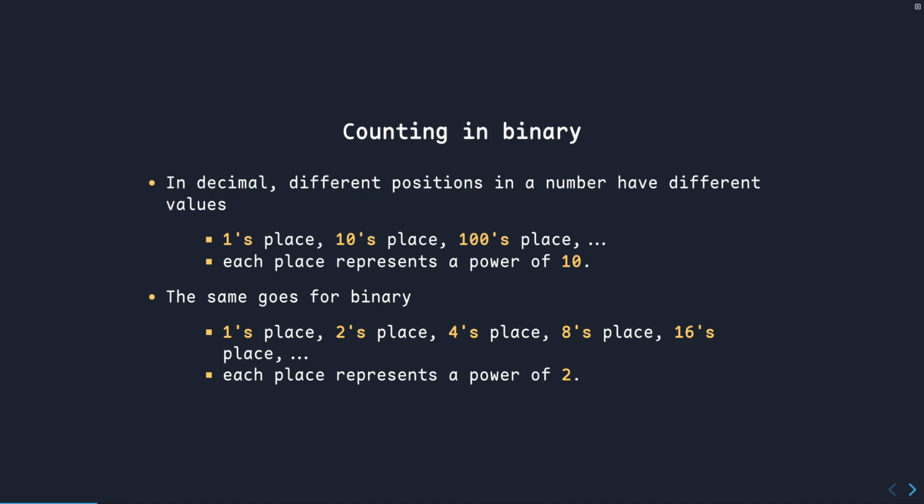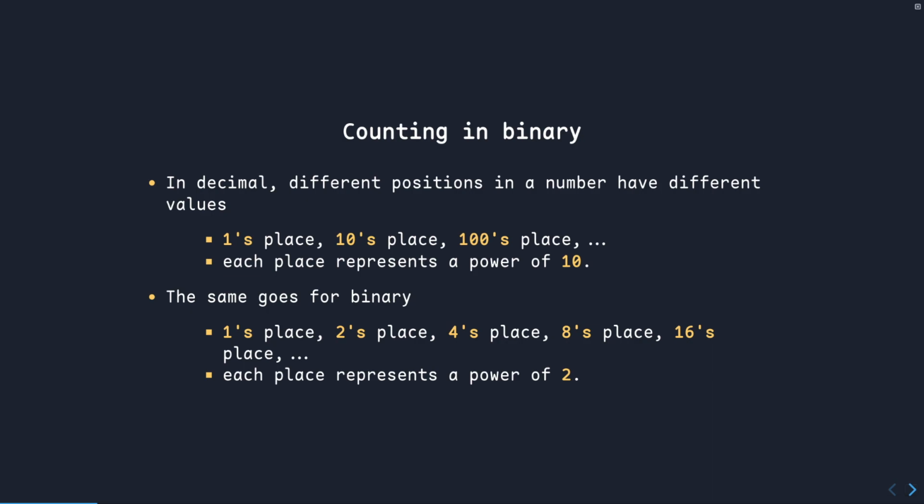So how do we count in binary? You might have the question of how a number system different from ours works. In decimal, we use different positions in a number to represent different values. So we have the ones place and the tens place and the 100s place, and we'll use different digits on these places and then add those together.